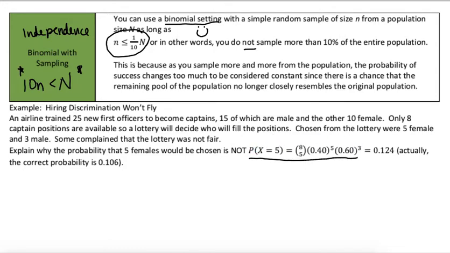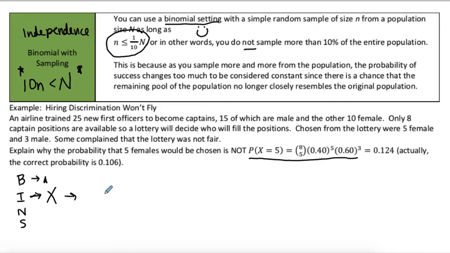Okay, so when we look at this, this is saying we have failed our independence idea. When we looked at BINS, we do meet this criteria. It is binomial because we either choose a female or we don't, but this is where we fail.